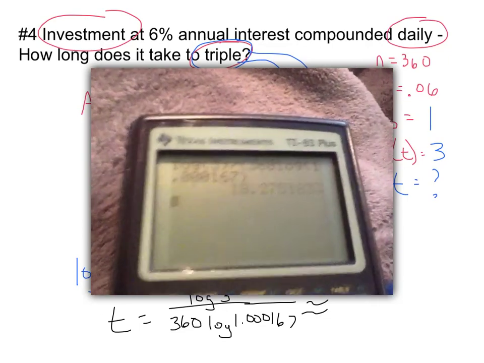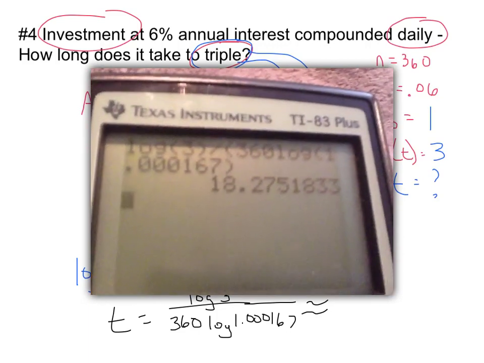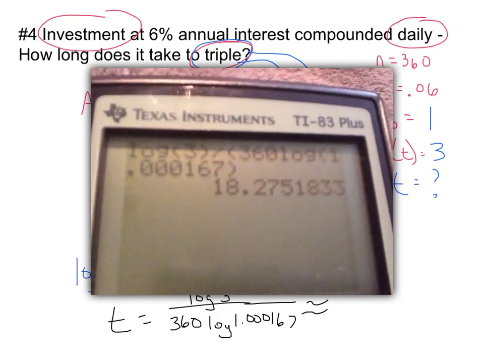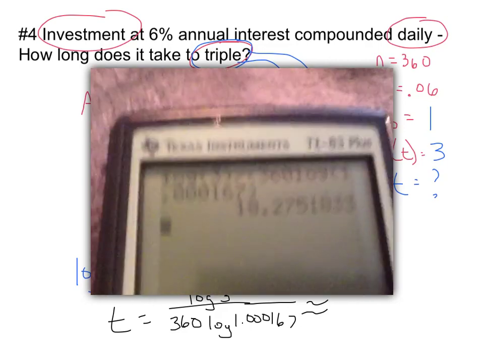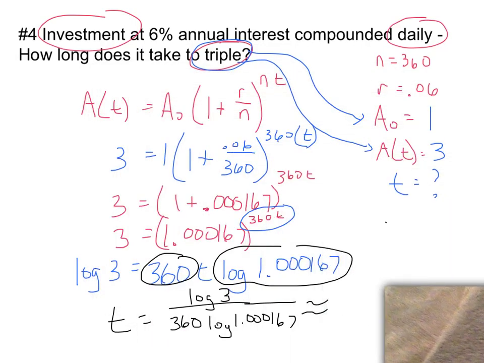And if you hit enter, it takes about 18.28 years or so. 18.28 years for $1 to turn into $3. Now, that seems like a long time, but think about if it was $1 million. Well, after 18 years, it's turned into $3 million. That's a pretty good deal.